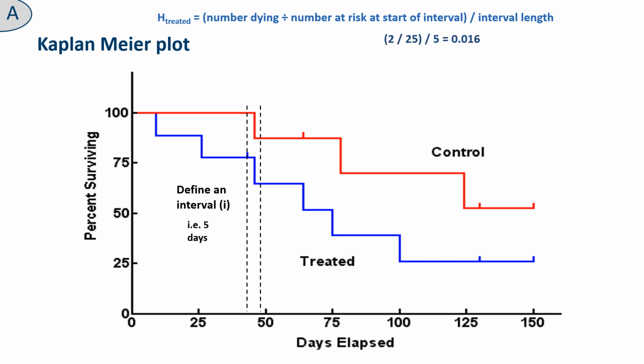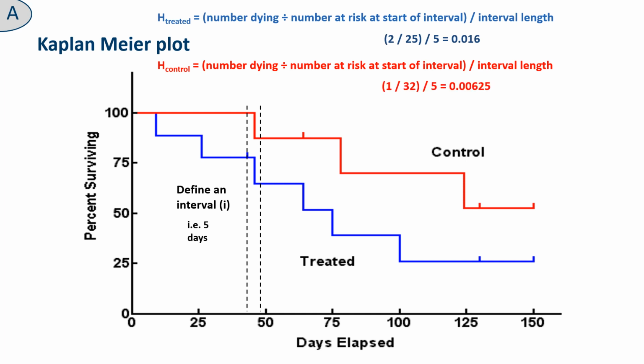And if we were to put numbers into this, let's just say 2 people in the treated group died during that small interval of 5 days, out of 25 at risk at the start of that interval, and then divided by the 5 days of the interval, you get a hazard of 0.016. And then you'd have the same equation for hazard in the control group, of course, which would be number dying divided by number at risk divided by the interval length.